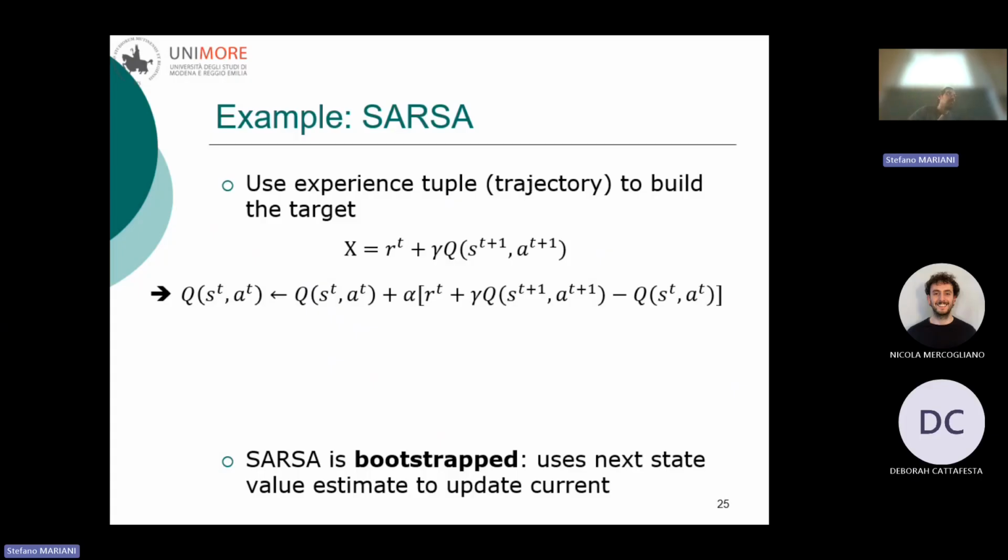So as we said, until the agent doesn't get to a specific state and doesn't choose a specific action, we have no information. So before starting to do this kind of evaluation, so to apply the formula, we needed to start sampling what here we call experience tuple, trajectory, rollout. It depends. Unfortunately, the field is full of synonyms. So experience tuple, trajectory, rollout, more or less they mean the same.